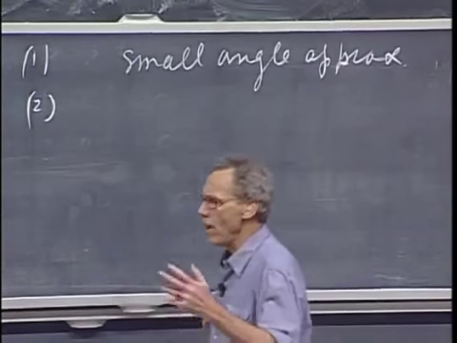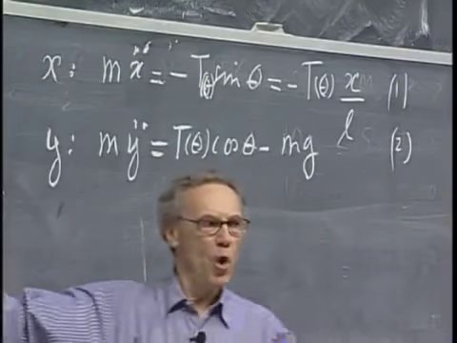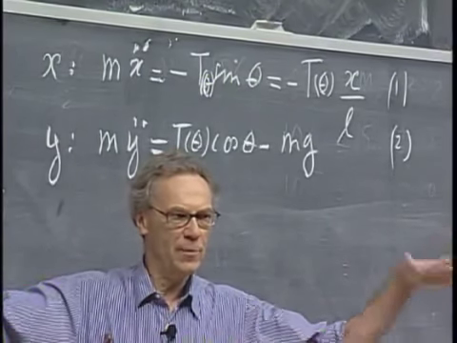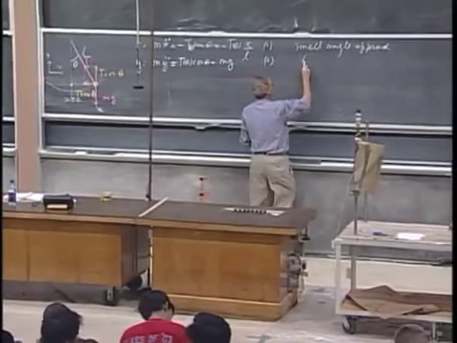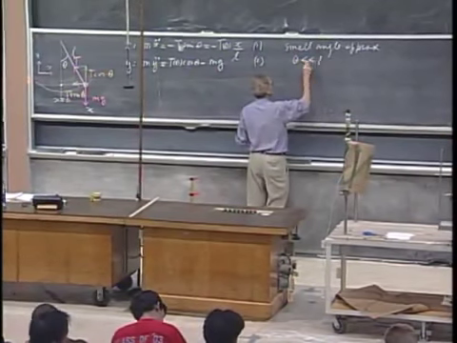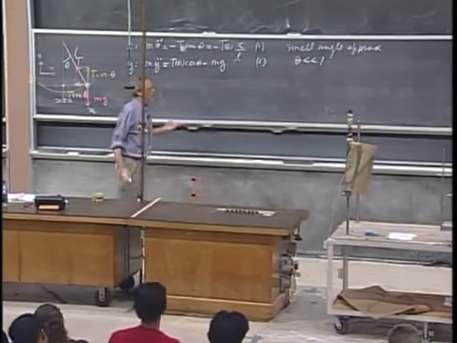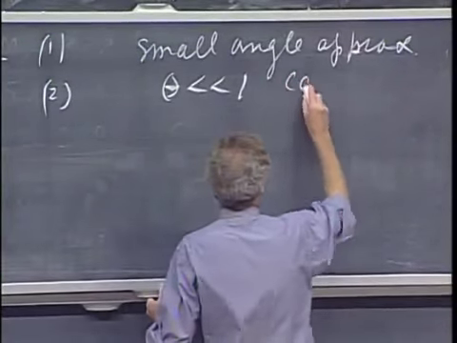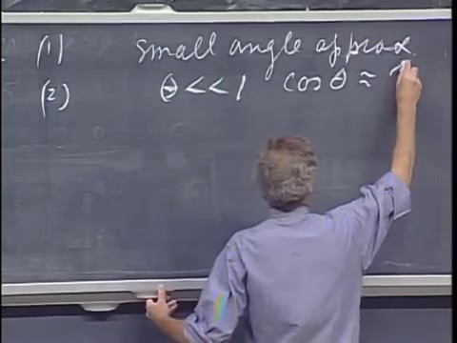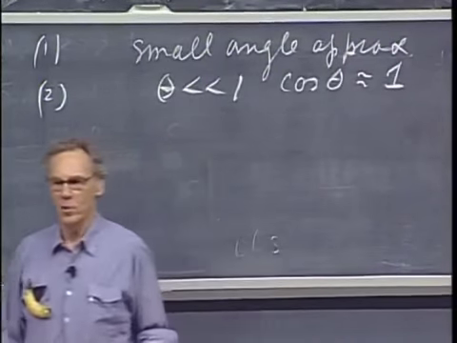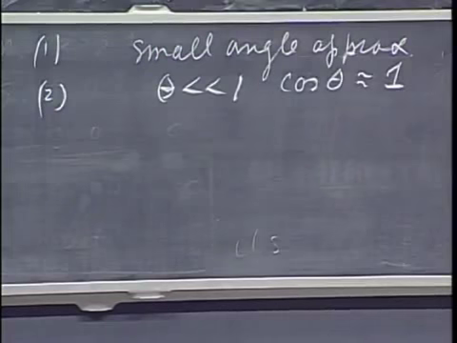Small angle. We will not allow theta to become too large. I'll be quantitative about what I mean by too large. When theta, which is in radians, is much, much less than 1, we call that a small angle. If that's the case, the cosine of theta is very close to 1. You will say, well, how close to 1?